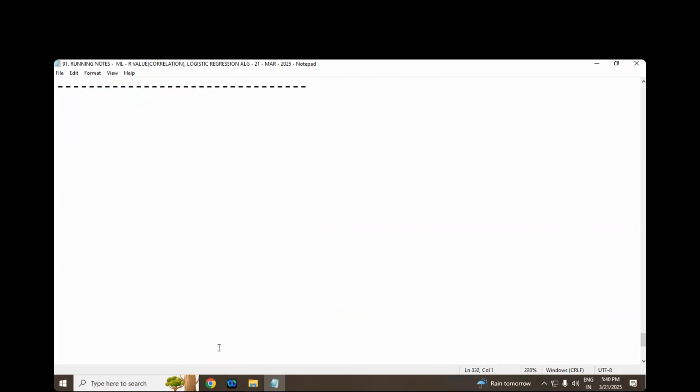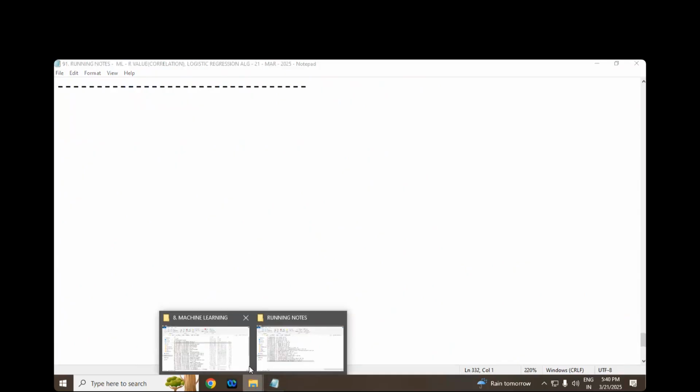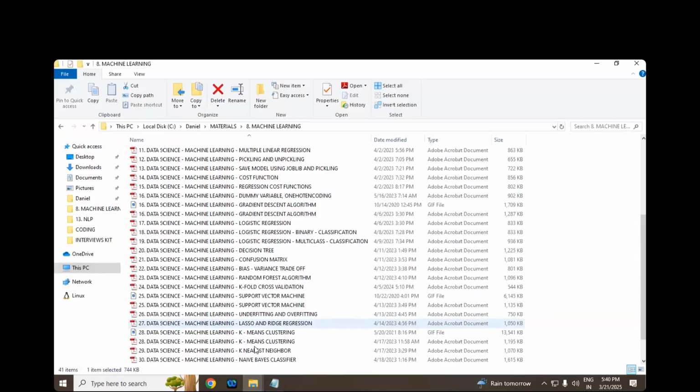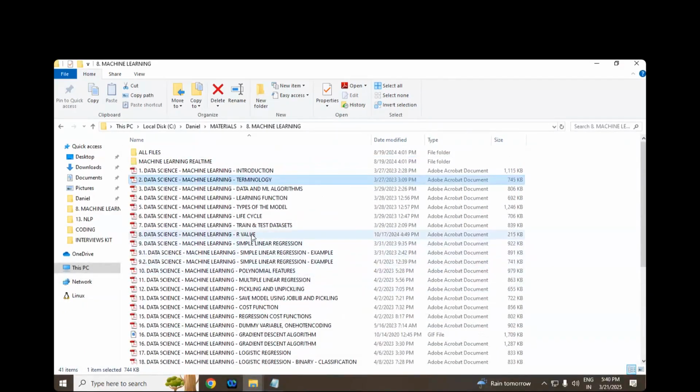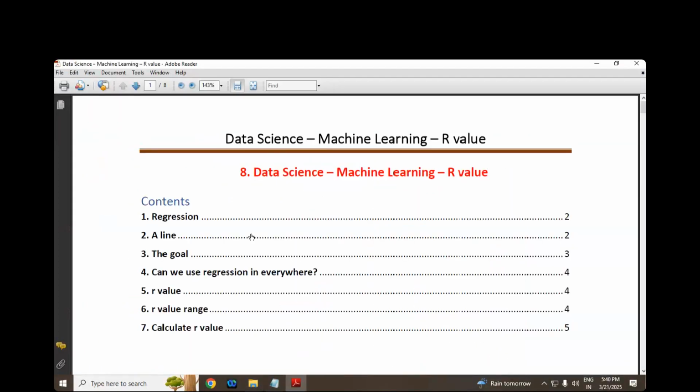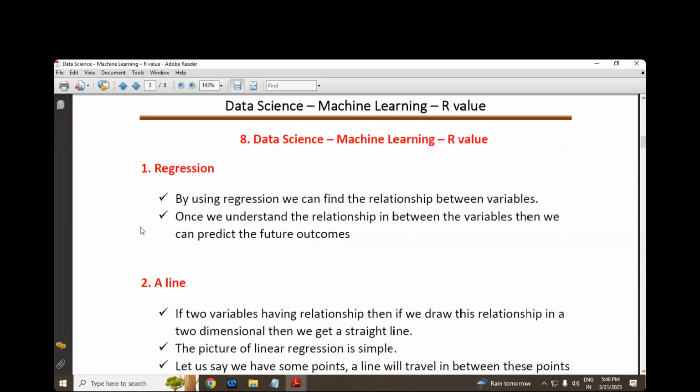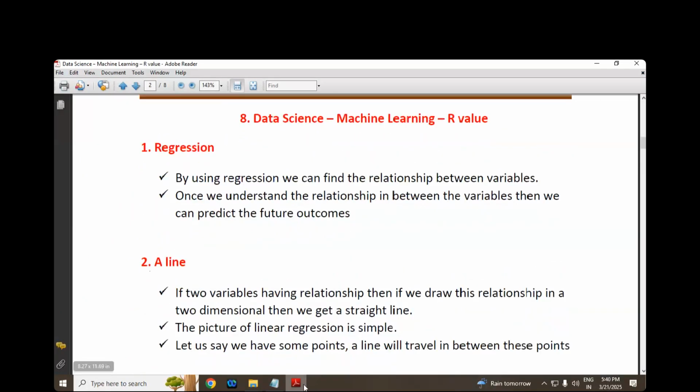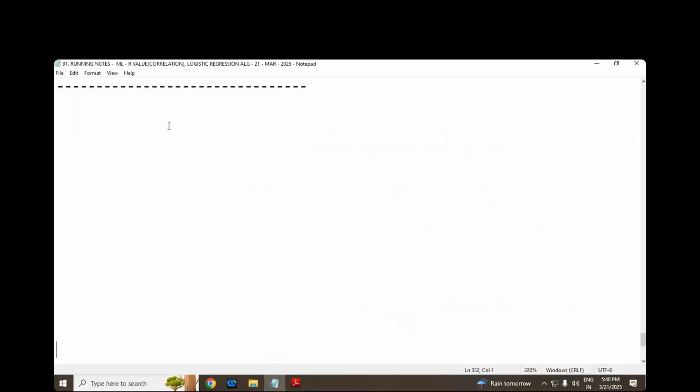Fine. Let's open the material. This theory I already covered, but let me give a small recap. First of all, I'm talking about linear regression.